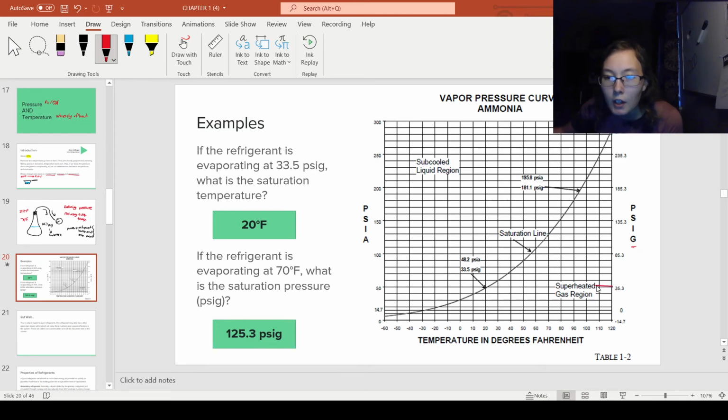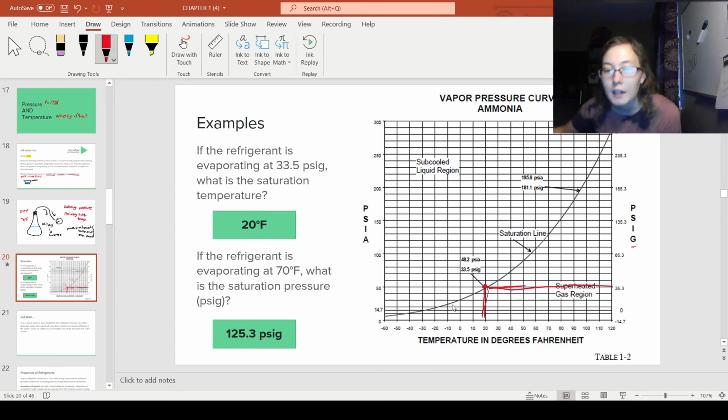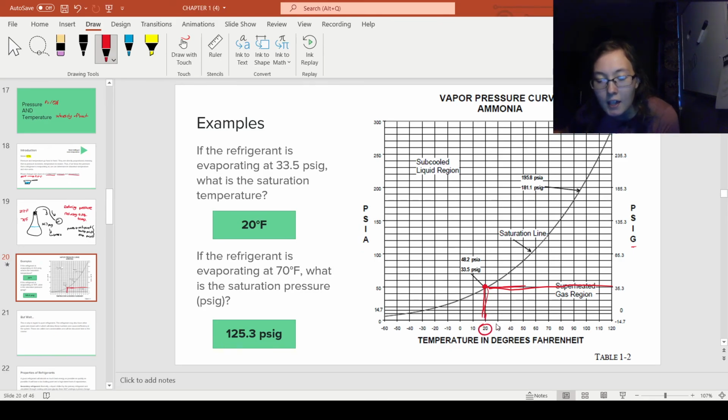Follow this over, goes across this line until we hit our saturation point. That's when we know that we can move from either a liquid to a gas or a gas to a liquid. Now, all we have to do is go down and see that if you have ammonia at 33.5 psig, it will change phase at 20 degrees.